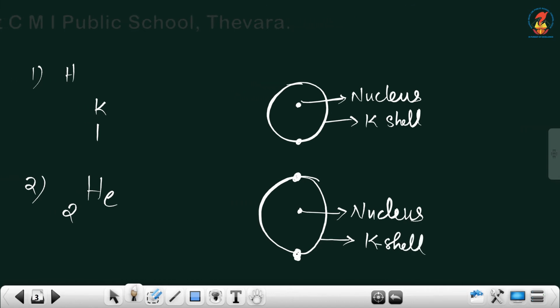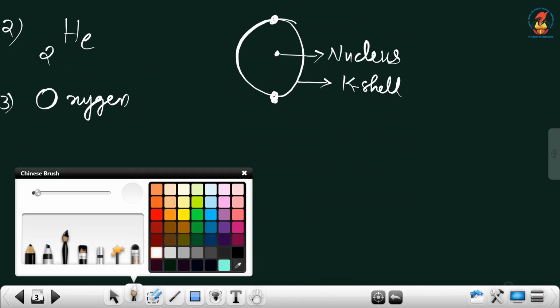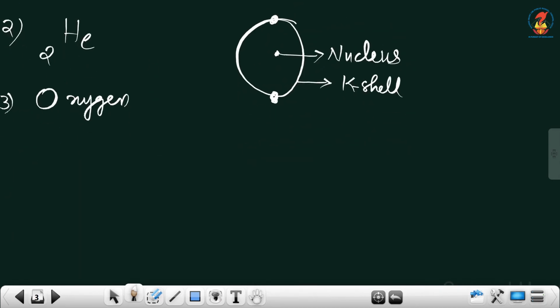Then if we consider another atom, oxygen, we can see that oxygen has 8 electrons.